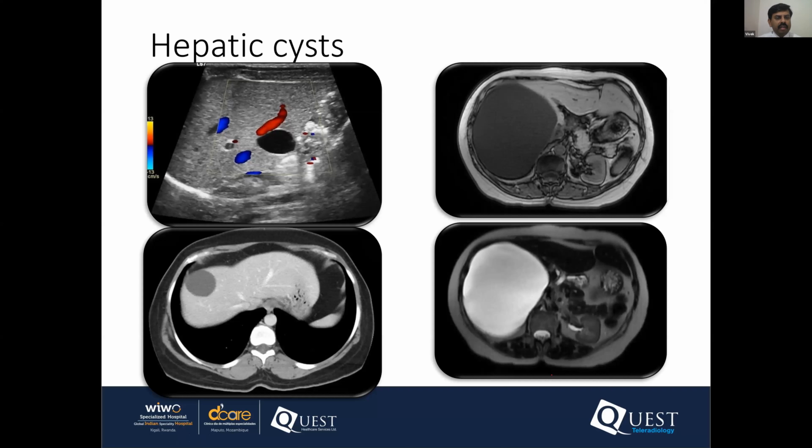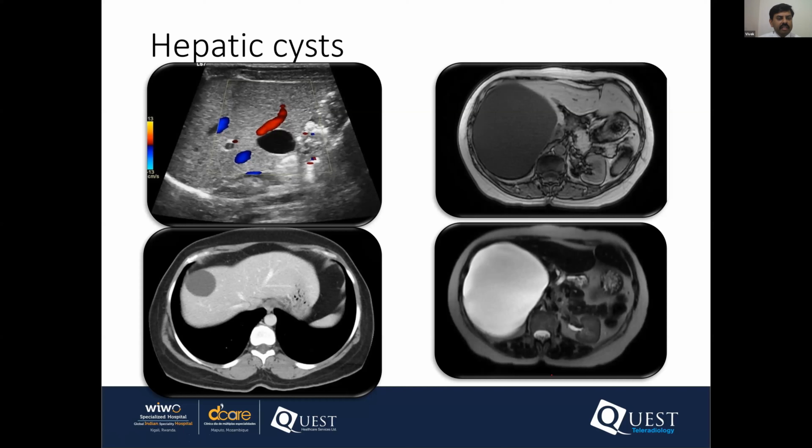It will be showing a thin, imperceptible wall, and it will show posterior acoustic enhancement. There will be no vascularity within the cyst, but there can be vascularity towards the periphery, but this is not always true.